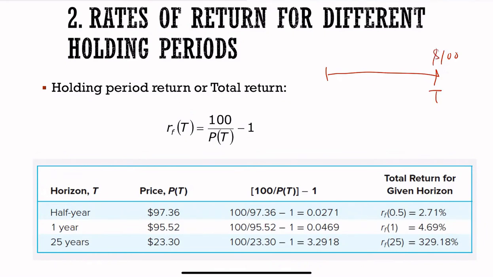And let's say you paid $Pt at the beginning of your investment. So clearly, to calculate your holding period return or total return of your investment, it's basically 100 divided by Pt minus 1. So this is very trivial.